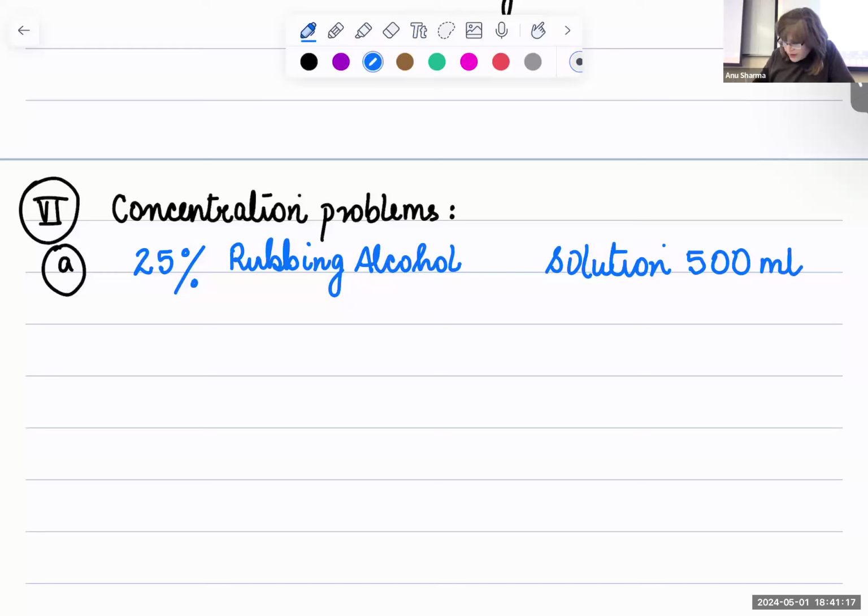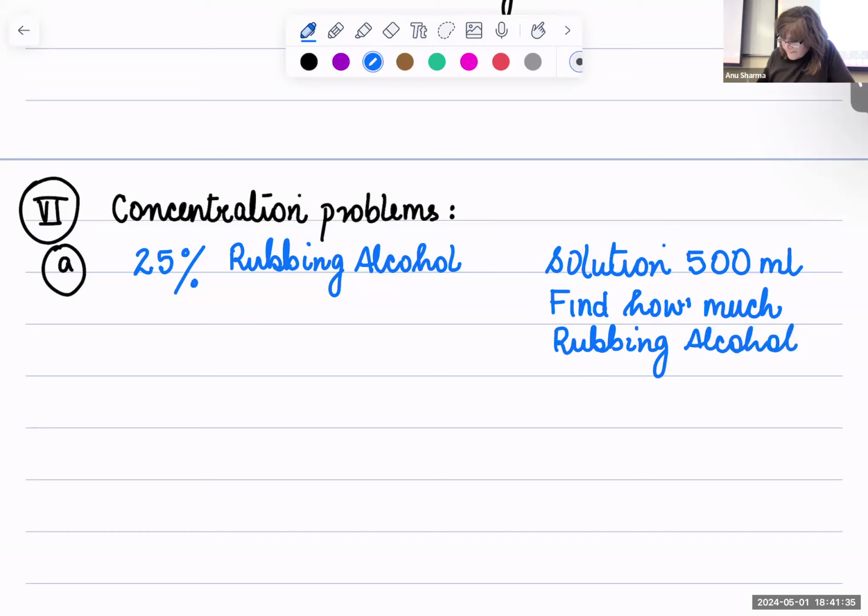Find in this solution how much rubbing alcohol is there. Okay, so how will you do this one?